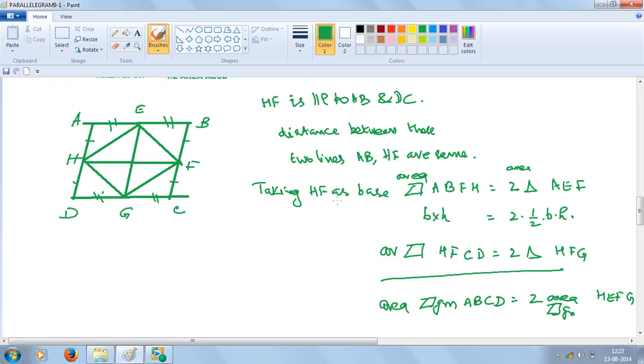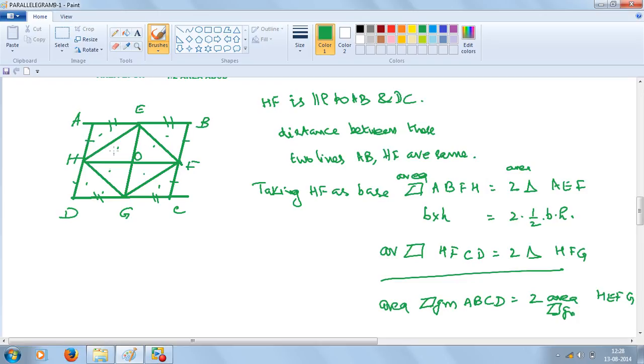Or if you split it, another way of proving is, see this AEH, and if the point is taken as O, this is a parallelogram and this is a diagonal. So these two areas are equal. So the parallelogram is equal to twice the area of this, this one-fourth.